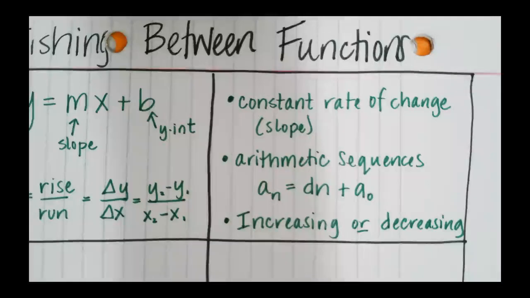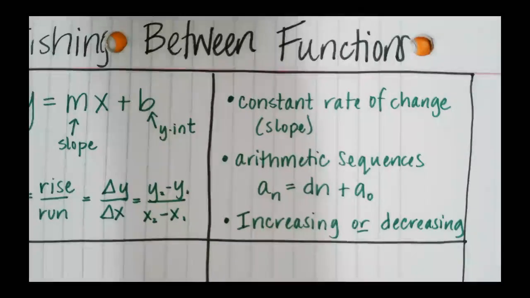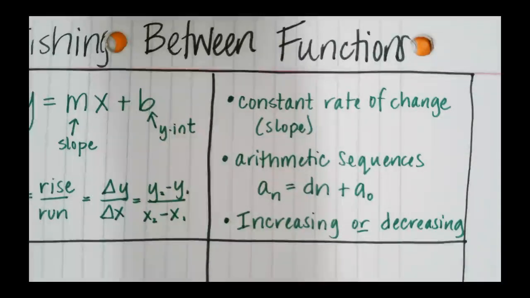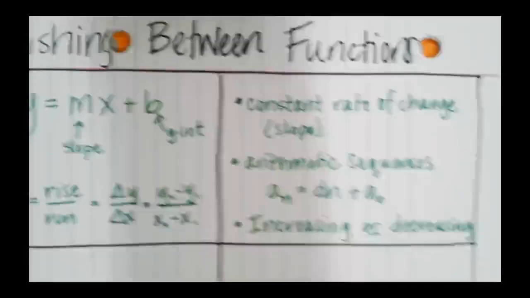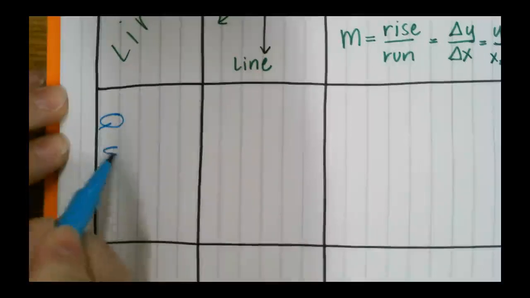All right, again, if you need to pause the video to catch up, please do. I'm going to go ahead and move on to quadratic. So quadratic functions, I'm going to write like this. If you see what I did there.